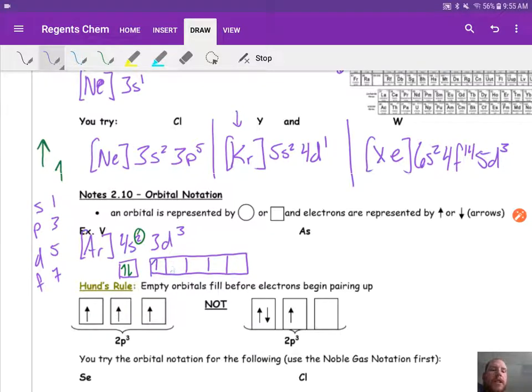Now, when we start filling them in, you might be asking yourself, why did I spread them out? Why did I not just double them up? So what's the difference, do you think? The difference is energy, guys. Remember, atoms are lazy. They want to use the least amount of energy possible, so they will spread out.